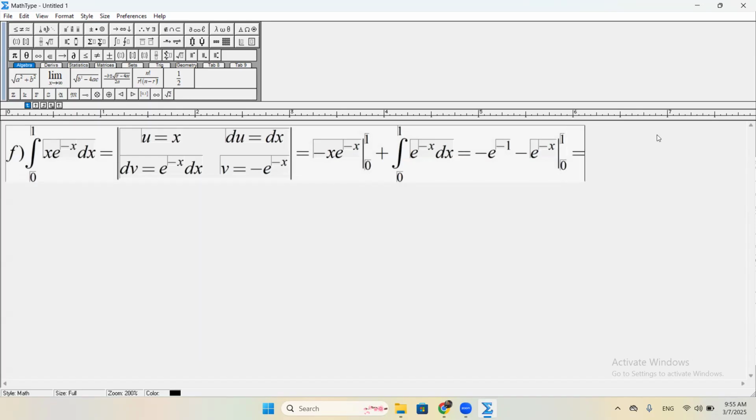So what do we have? e to the power of minus 1 minus e to the power of minus 1. Not e to the minus x, but e to the minus 1, with the substitutions.